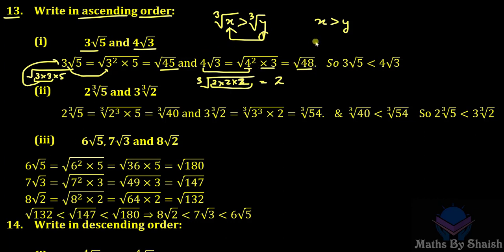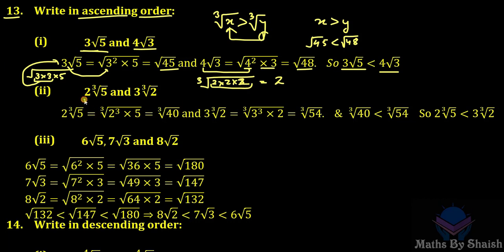Now we can see 45 is less than 48, and hence square root of 45 is going to be less than square root of 48, and we got root 45 from 3 root 5, so 3 root 5 is less than 4 root 3. That's how we will decide.